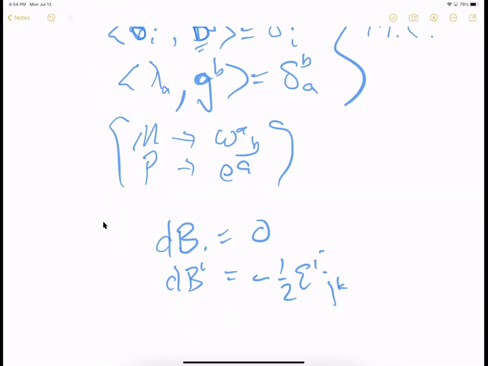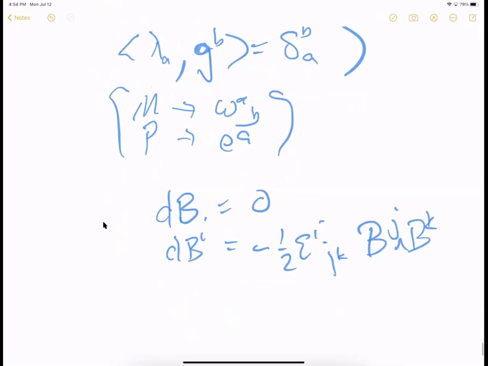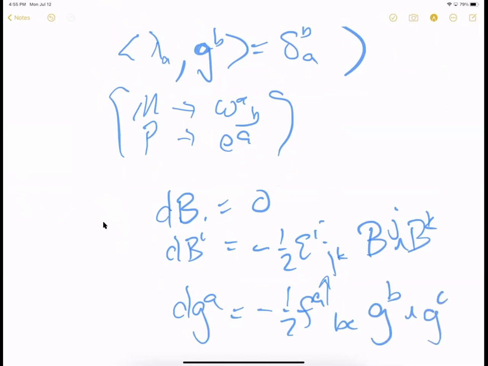Sounds good. Then for dB, we're going to have J wedge B^K. That's what the Maurer-Cartan equation always looks like, where these are the structure constants here. Then for the G's, minus a half f, G^B wedge G^C.